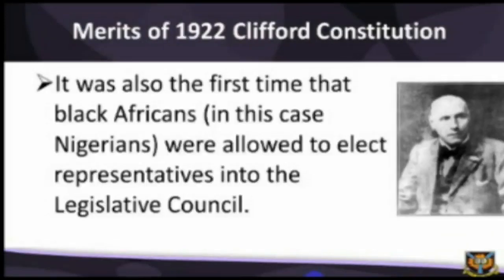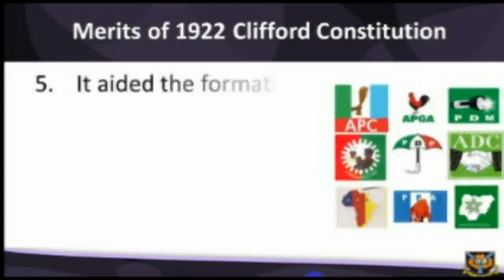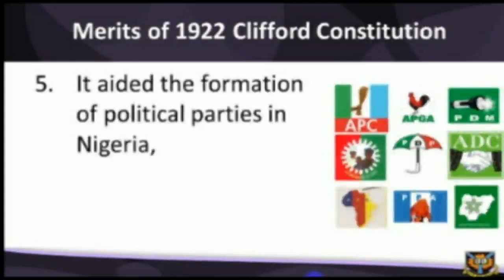It was also the first time that black Africans, in this case Nigerians, were allowed to elect representatives to the Legislative Council. The elective principle introduced by the Clifford Constitution stimulated political activities, especially among the educated elites. In fact, it aided the formation of political parties in Nigeria.